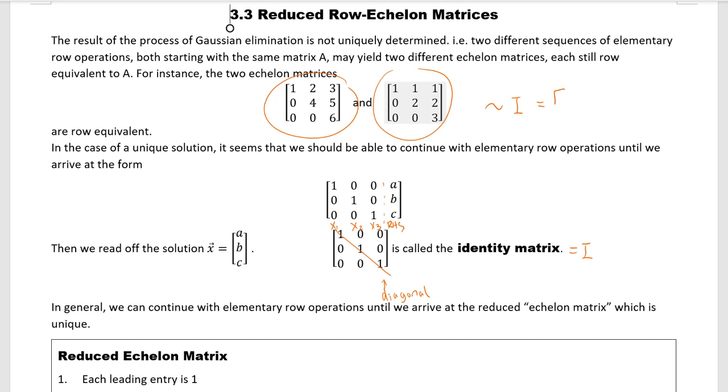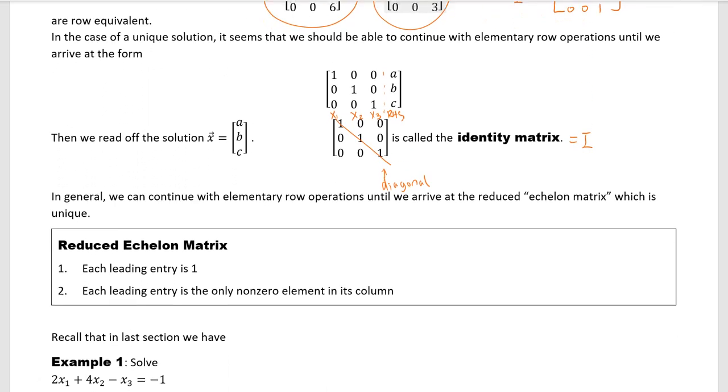So in general, we can continue with elementary row operations until we arrive at the reduced echelon matrix, which is unique. So echelon matrices are not unique, but the reduced echelon matrix is unique.